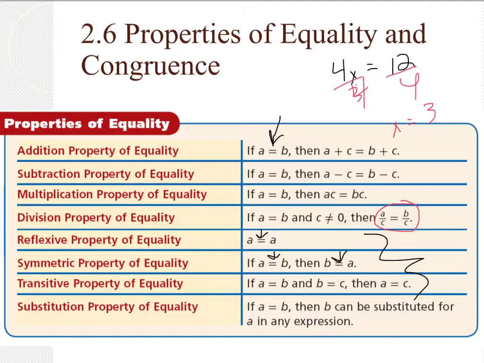We deal with these properties of equality all the time in each one of our algebraic expressions and algebraic equations. Okay, so we're just going to focus on the first four example problems. See if you can name the properties of congruence or the properties of equality. Again, you are going to need to know this stuff. You are not going to be able to use this handout on your test.